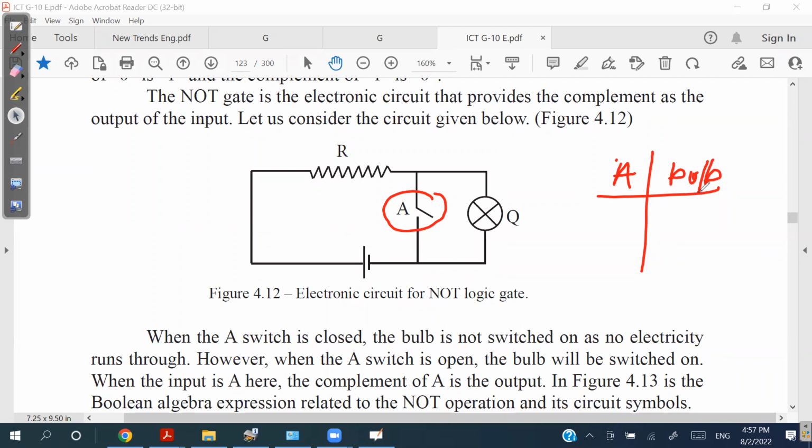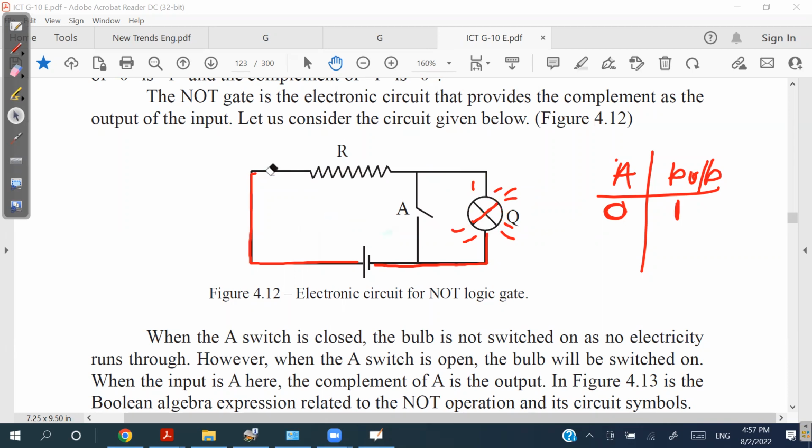So here A is open, that means it indicates 0. When it indicates 0, the electricity flows through the bulb, so the bulb is lighting up. That means the bulb has the state of 1.